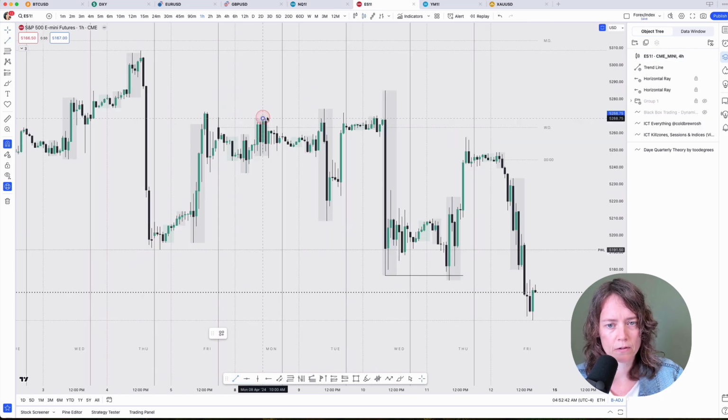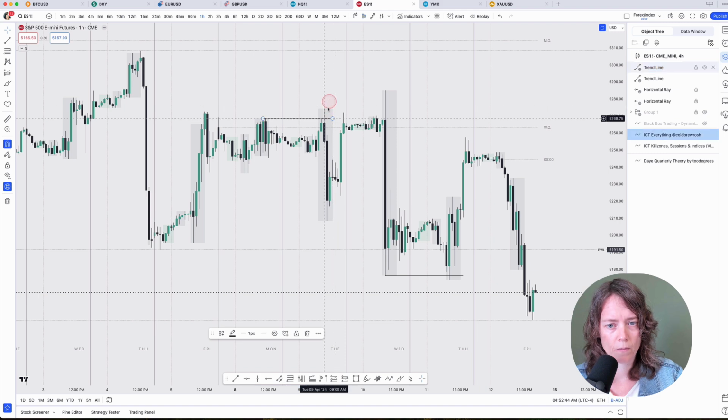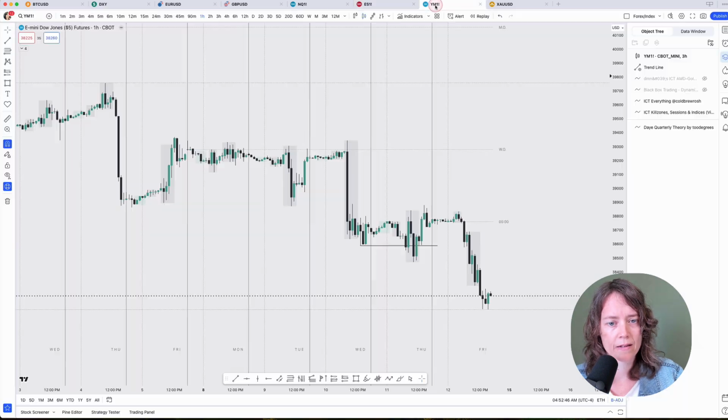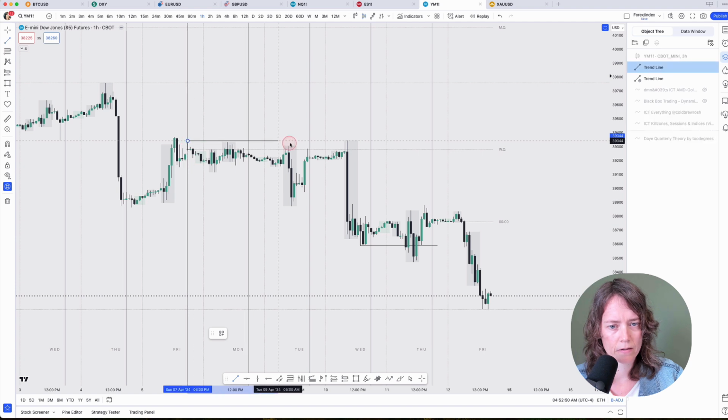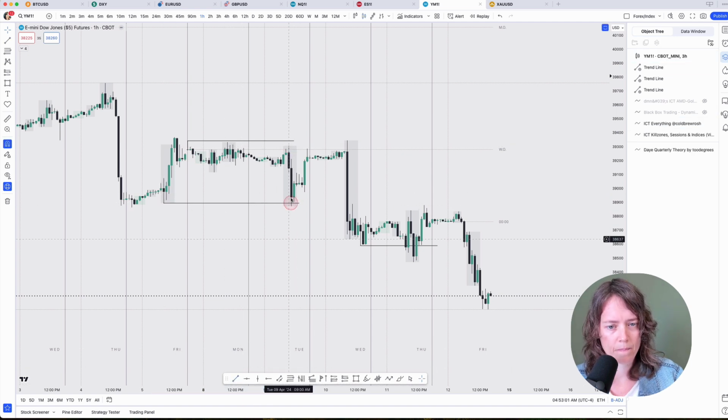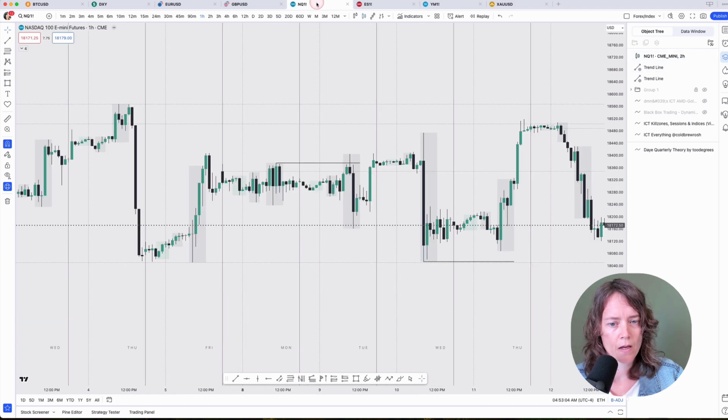S&P 500, Tuesday, taken out. Then the Dow, Monday's high, was exactly this high, to be clear, but even that high, not taken out. We got an SMT divergence, making this low the drawn liquidity, as you can see over here.